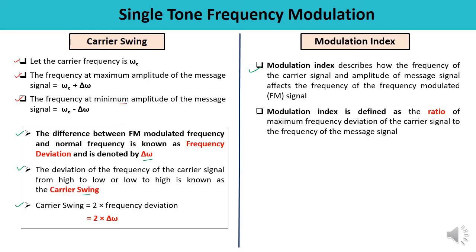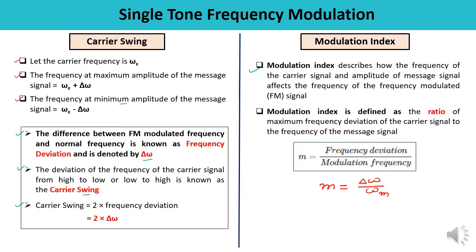The modulation index of an FM wave is defined as the ratio of maximum frequency deviation of the carrier signal to the frequency of the modulating or message signal. The maximum frequency deviation is delta omega, and the frequency of message signal is omega m. So modulation index we can write as delta omega upon omega m.